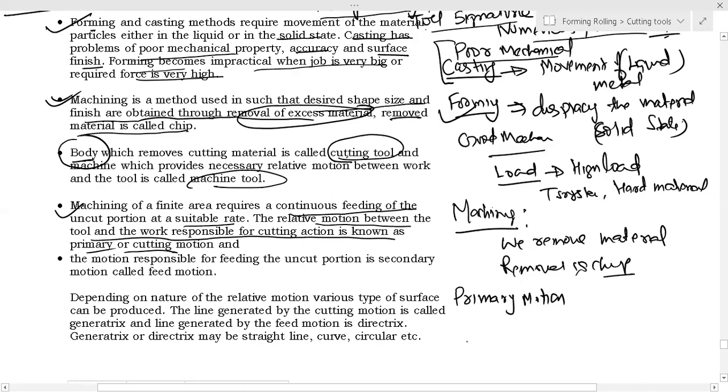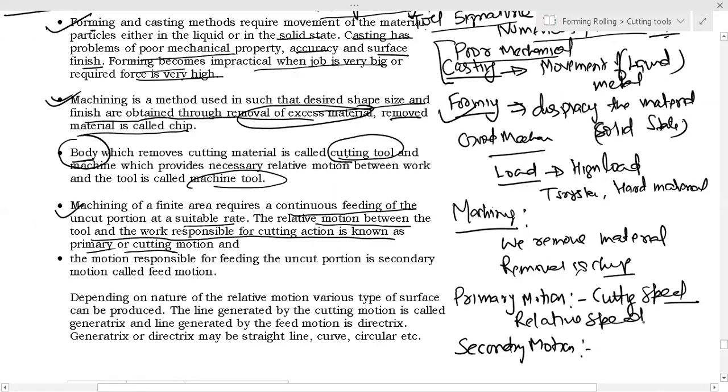There are two types of motion: one is primary motion and the other is secondary motion. Primary motion is your cutting motion, cutting speed. Cutting speed is the relative speed between workpiece and tool.